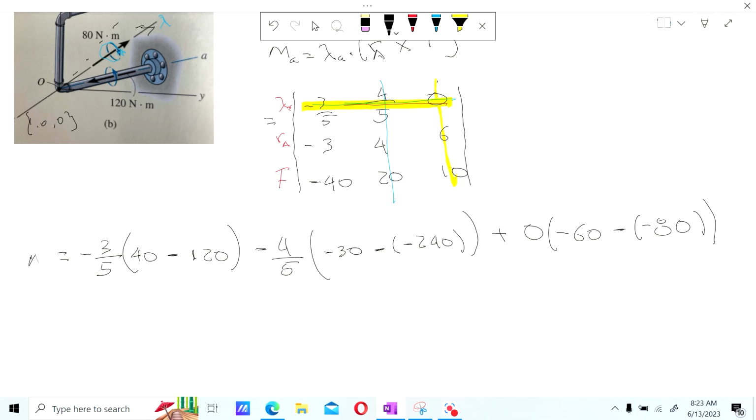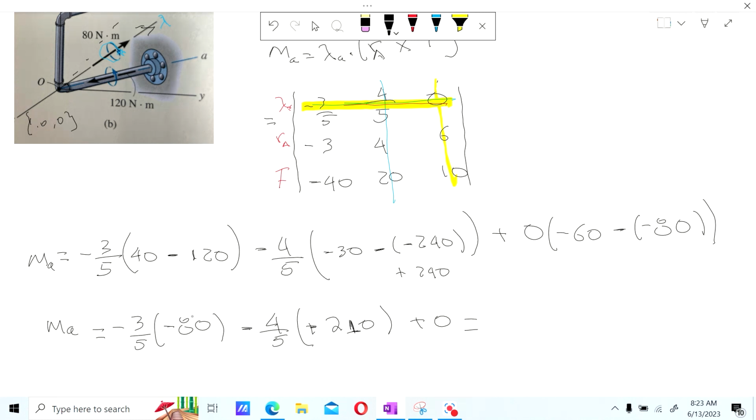Okay, so the moment around A, the moment around axis A, is equal to negative 3 over 5 times negative 80 minus 4 divided by 5 times this 2 is positive 240, and negative 30 is positive 210, right? Because this is positive, minus 30 is positive 210, plus 0.